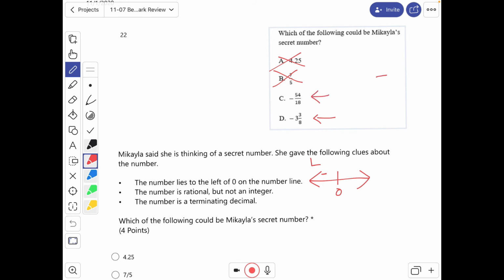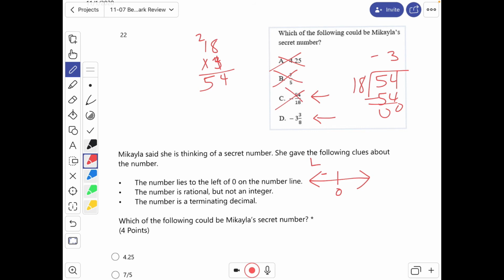I don't know about this one, so I'm going to divide 54 by 18 and see if that comes out even. 18 goes into 54 three times. Yep, 3 times, evenly. -3 is an integer, so it can't be that one.